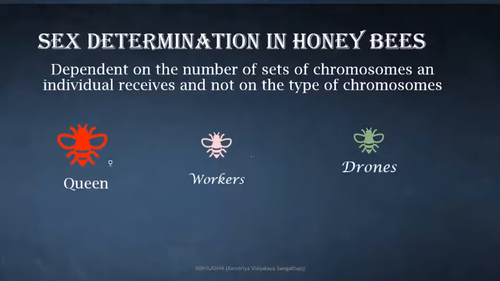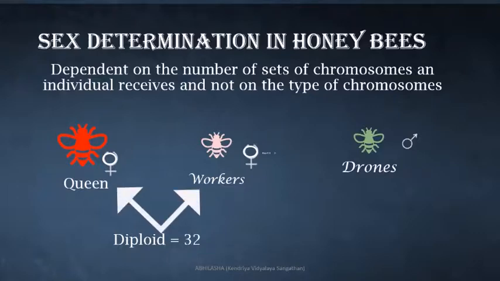Now comes the interesting part. The diploid chromosome number in honeybee is 32, and both queen and workers have it, but the males have only 16, which means they are haploid.